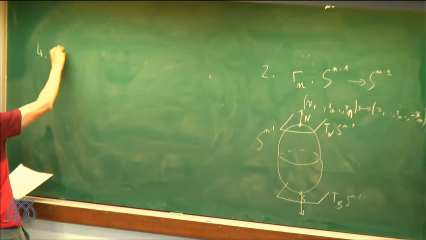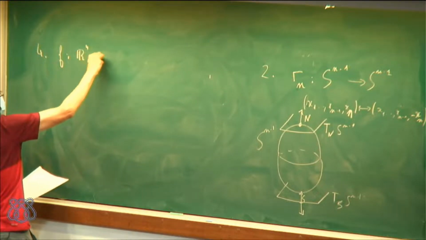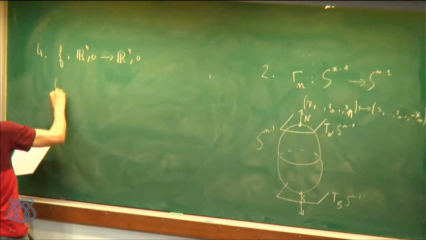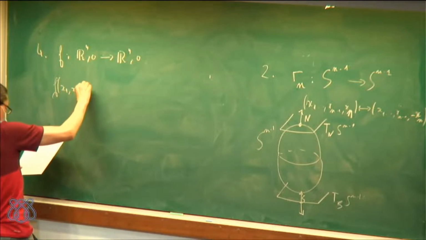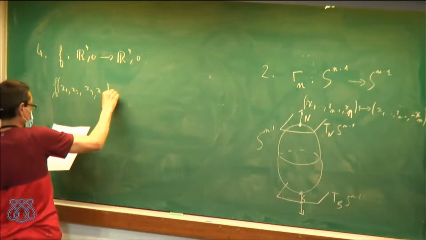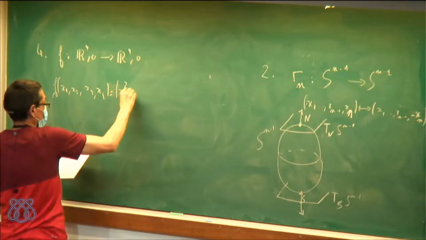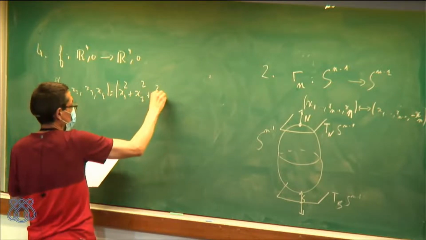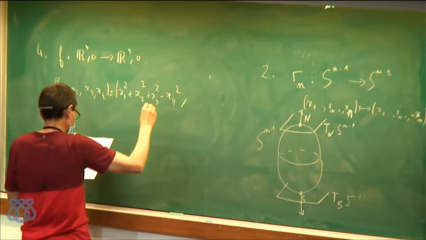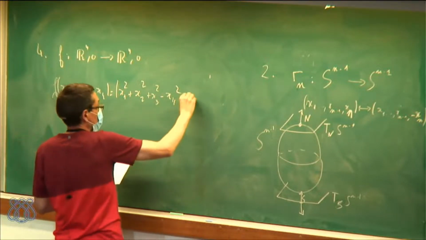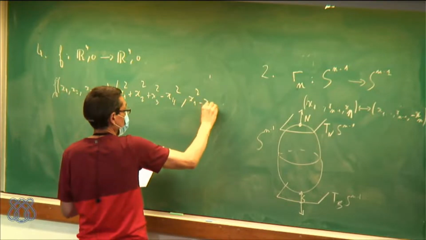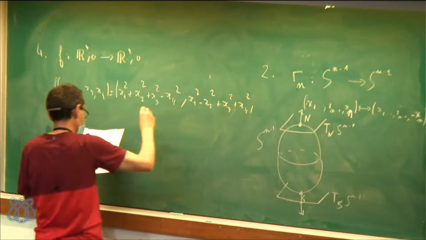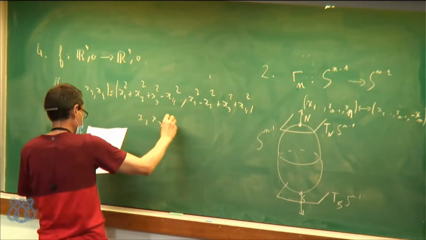So F(x1, x2, x3, x4) is equal to (x1 square plus x2 square plus x3 square minus x1 square minus x2 square plus x3 square plus x4 square, x2 x3, x2 x4).